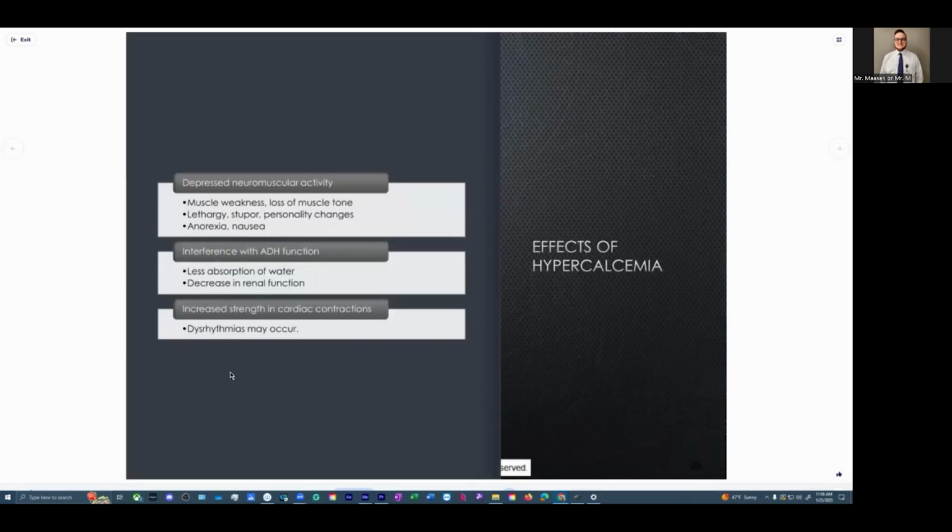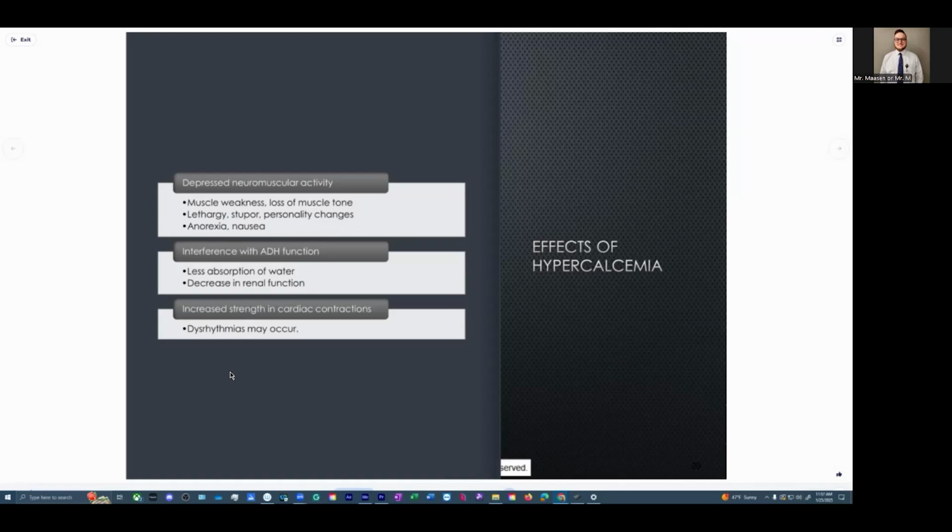So what's going to happen with hypercalcemia? Think for this, too much calcium in the blood means there's not enough in the cells. Again, the opposite of hypocalcemia, where there's not enough calcium in the blood, too much in cells, so hyperactive muscles. Hypercalcemia, think everything is decreased. Neuromuscular function, so nervous system impulses, muscle, all this stuff is weak, with flaccid muscle tone.